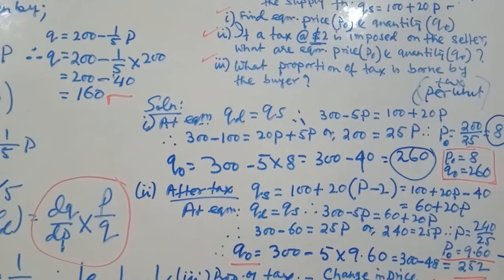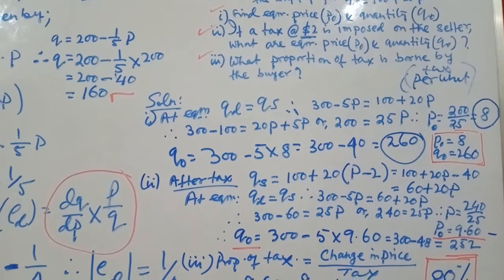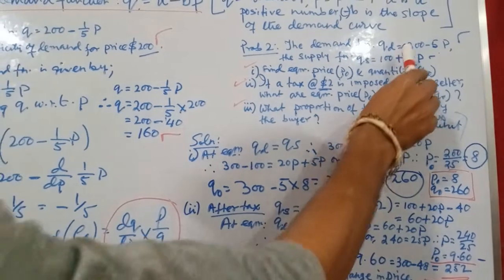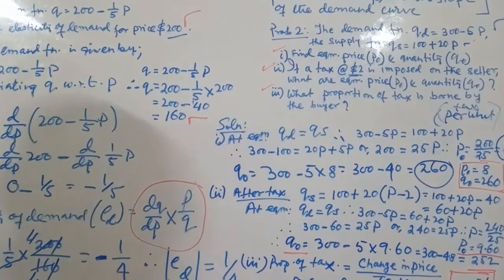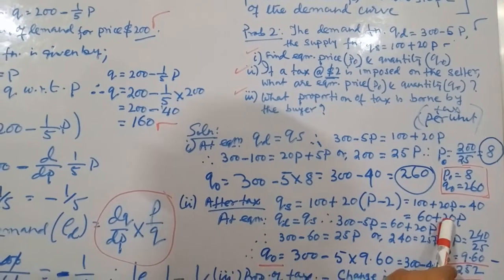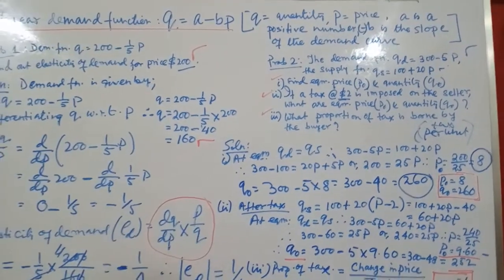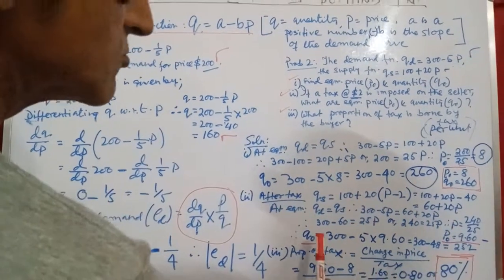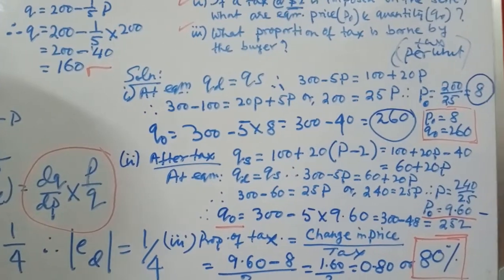Now again at equilibrium, quantity demanded is equal to quantity supplied, that is QD equals QS. So QD remains the same, that is 300 minus 5P. We equate 300 minus 5P with the new supply function 60 plus 20P. And once again we simply solve for P0 and Q0, that is the new equilibrium price and quantity.